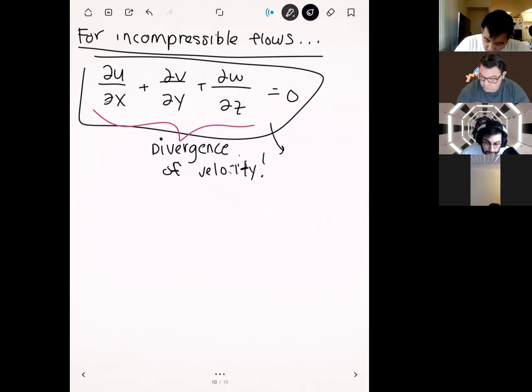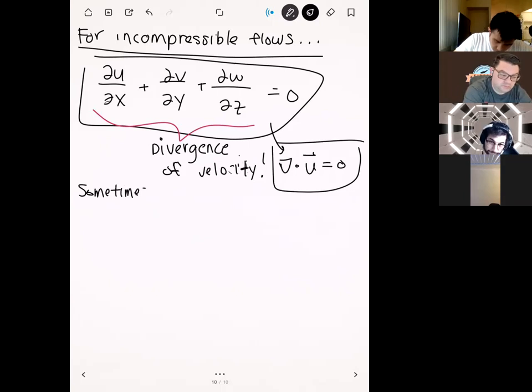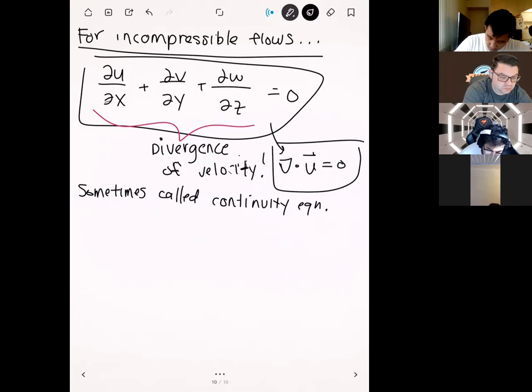For an incompressible fluid, in order to satisfy conservation of mass, the divergence of that velocity field has to equal 0. Because this specific form of conservation of mass for an incompressible fluid has such a simple mathematical expression, it has a special name. Sometimes we call this the continuity equation.